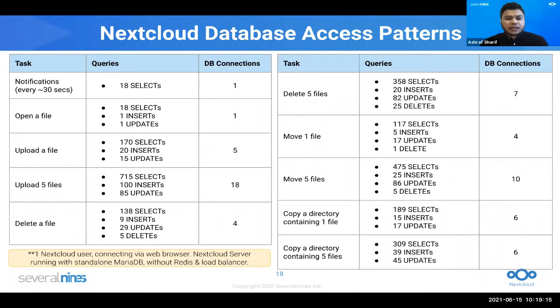I then categorized the queries, calculated the database connections, and counted the number of queries processed by the MariaDB server. This again does not represent a production workload, but it gives us a good understanding of what we can expect if multiple users are simultaneously connected at the same time.